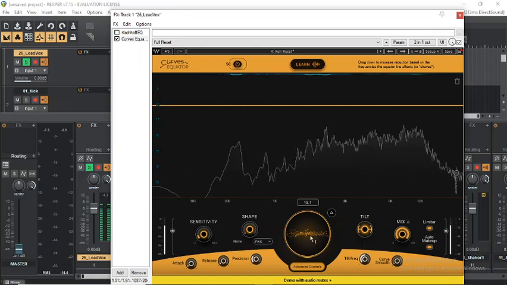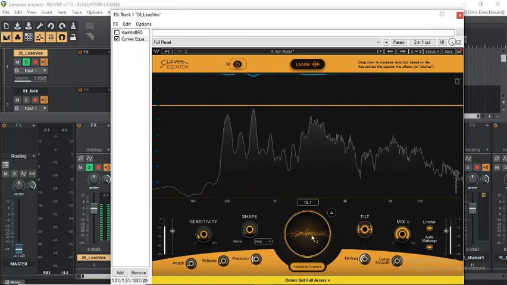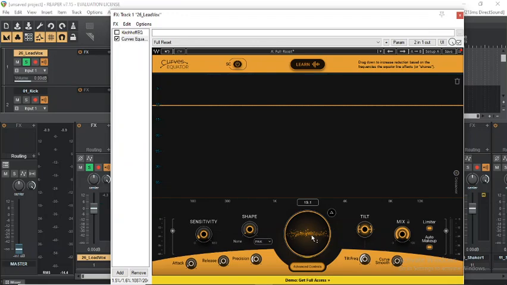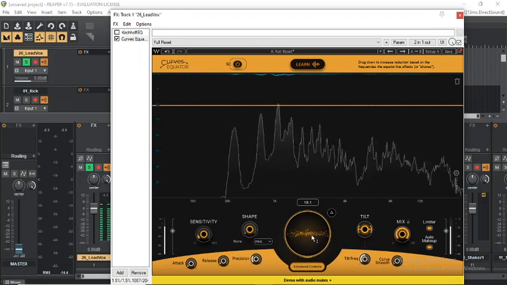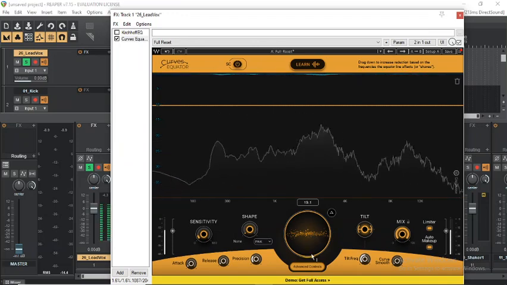There's the SSL EQ 2, which is the industry standard, only because professionals are seen using it. And yes, it is good.